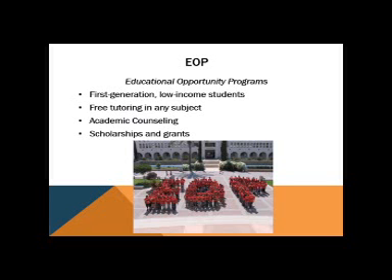Another program is called EOP, so Educational Opportunity Programs, and it's typically for first-generation low-income students. They also offer free tutoring in any subject, so not just your engineering classes. If you're struggling in another class, they can provide you with a free tutor for that class as well. And they also offer academic counseling and scholarships and grants.